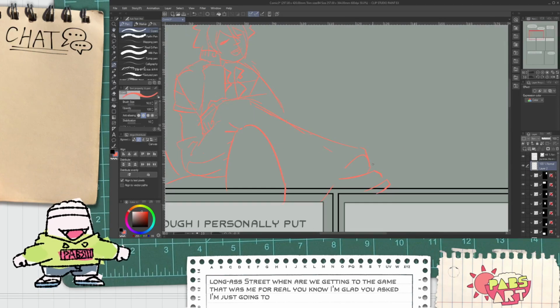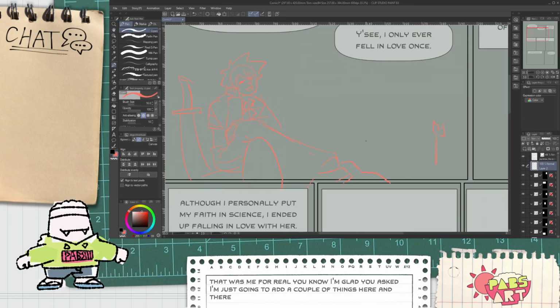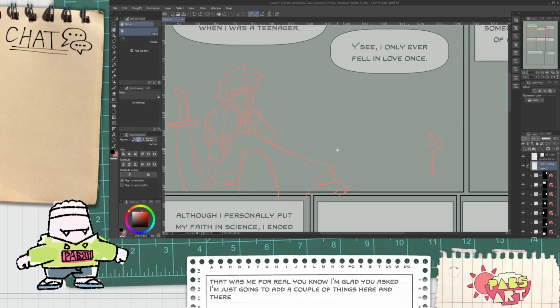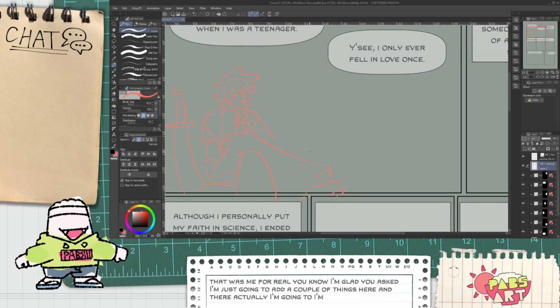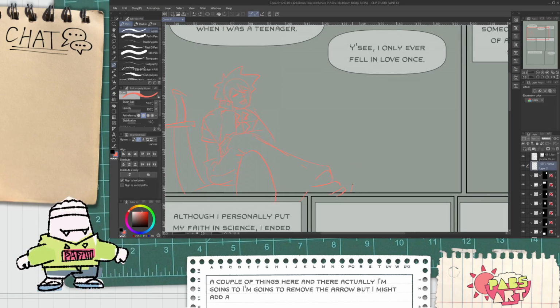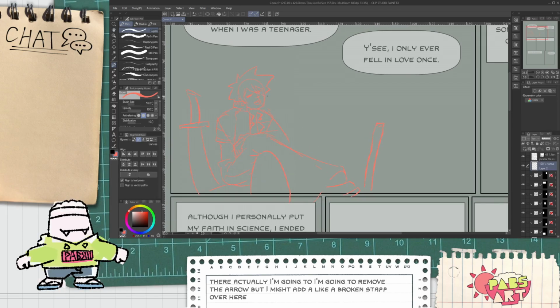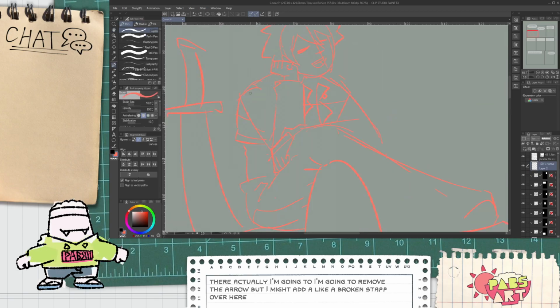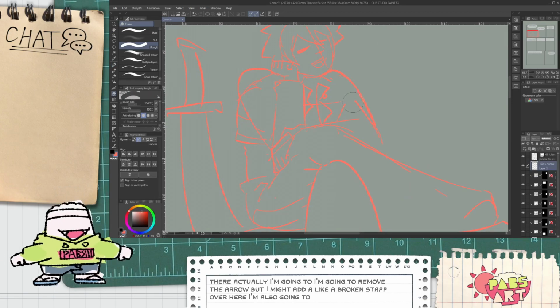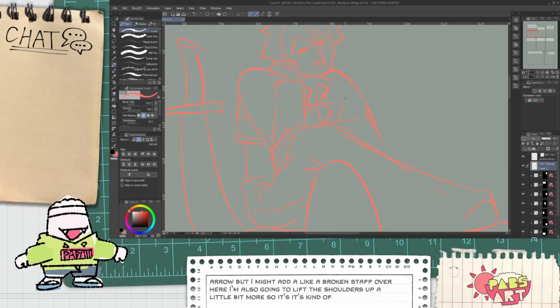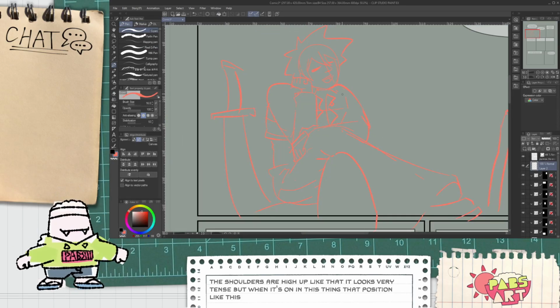I'm just gonna add a couple of things here and there. Actually, I'm gonna remove the arrow, but I might add a broken staff over here. I'm also gonna lift the shoulders up a little bit more, so it's kind of weird. Usually when the shoulders are high up like that, it looks very tense, but in this sitting down position, it almost looks kind of relaxed.